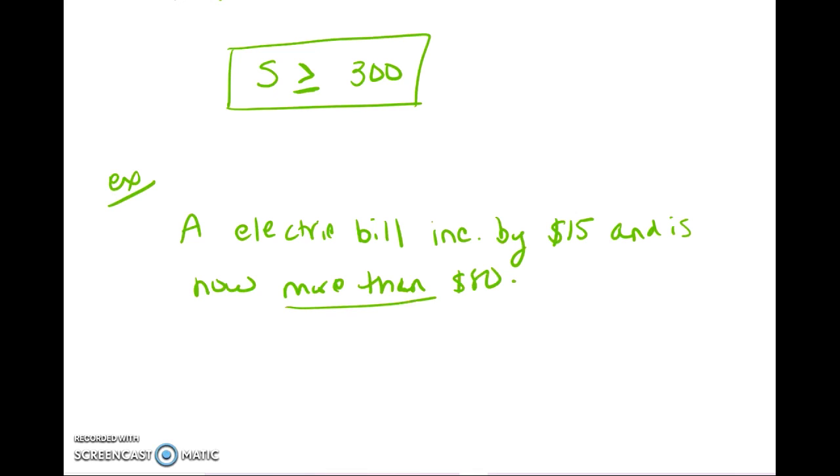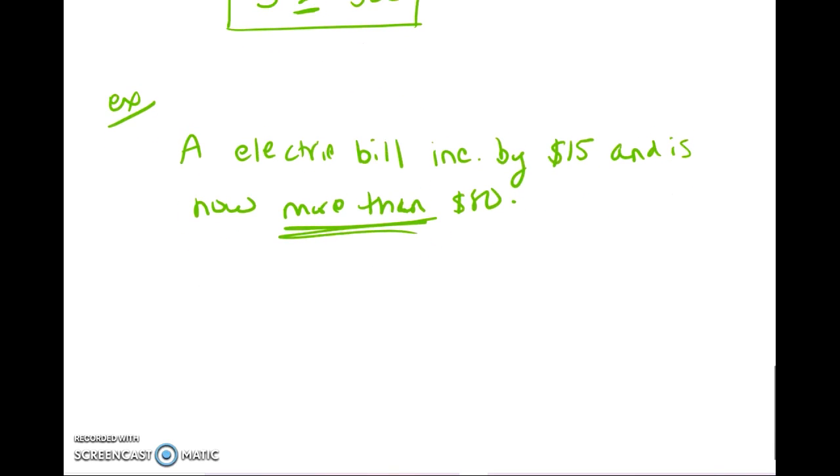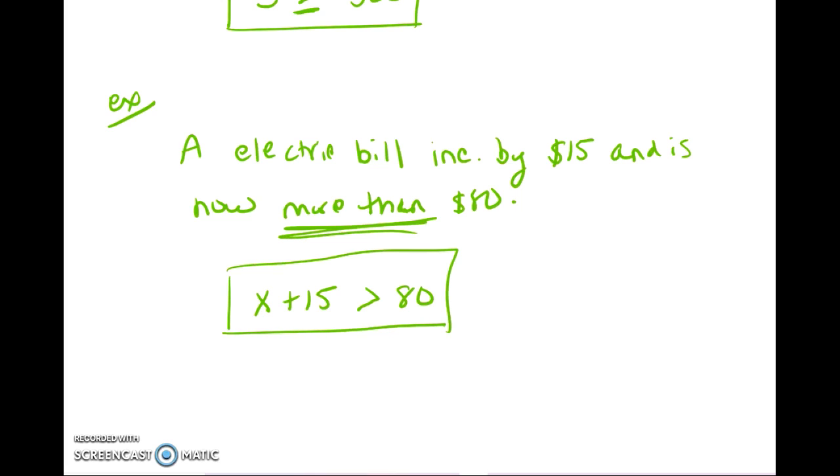All right, my key words here are more than. So before it was at least, meaning it could be the number, but now it's strictly more than 80. And what is more than 80? Well, whatever our electric bill was, plus 15. It was a bill plus 15, and now it's more than 80. And so this would be the expression that we were looking for.